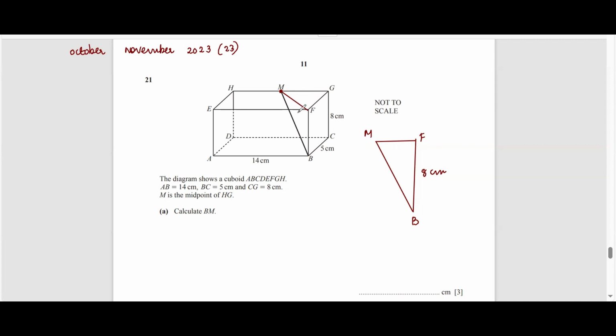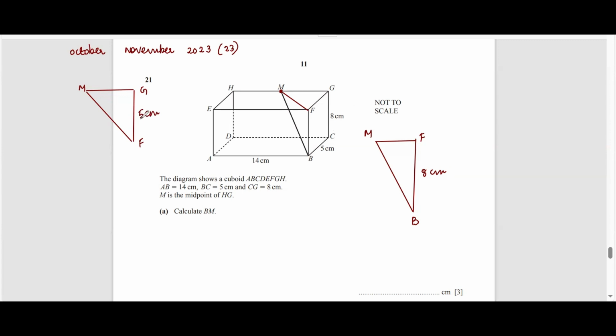So for that, we can consider this right triangle FGM. We'll just take that right triangle outside, that is FGM. So if BC is 5 centimeter, then FG is also 5 centimeter.